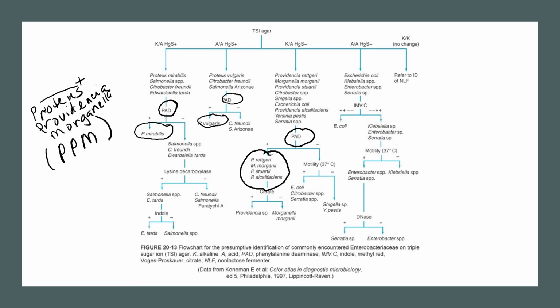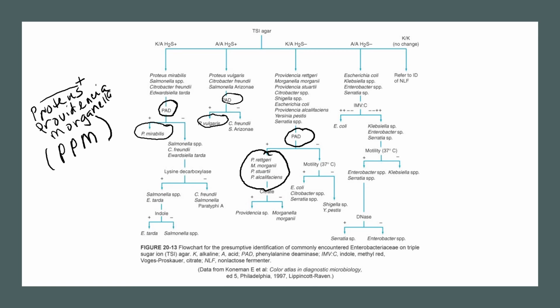The decarboxylase will attack the carboxyl group in the amino acid, while others will not touch the carboxyl group or the amine group, while others may not produce the decarboxylases but may produce deaminases. So some organisms will attack the carboxyl group but not the amine group. Some organisms will attack neither the carboxyl group nor the amine group, while others will not decarboxylate, but they will deaminate. Following so far?